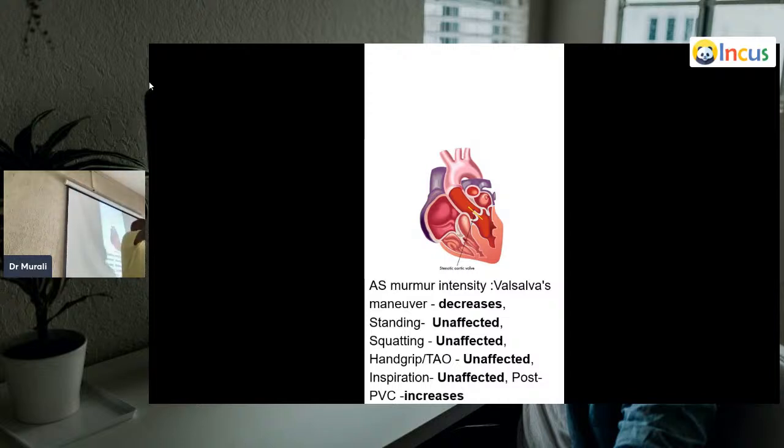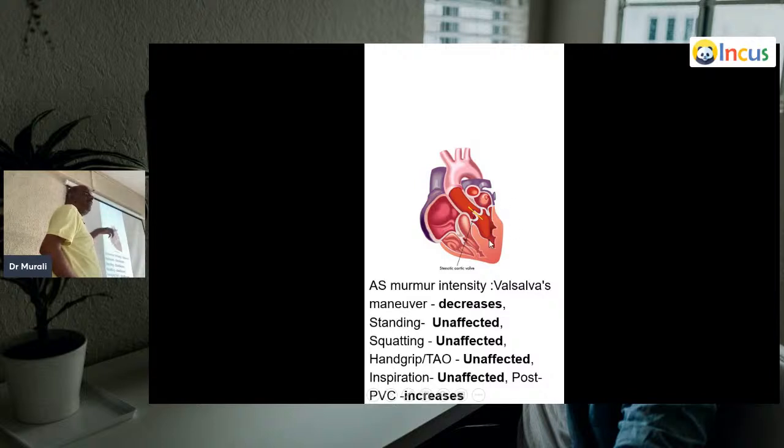Now, Valsalva maneuver, forced expiration. Decrease venous return. If there is a decreased venous return, decreased preload, decreased filling of the blood into the ventricle. So what is the problem in aortic stenosis? There is a valvular stenosis.